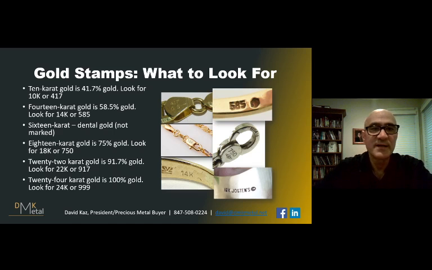Or as you look at items, they might say the number. On a 10 karat item, you might see 10K or the number 417. On something that is 14 karat gold, you'll see 14K or the number 585.